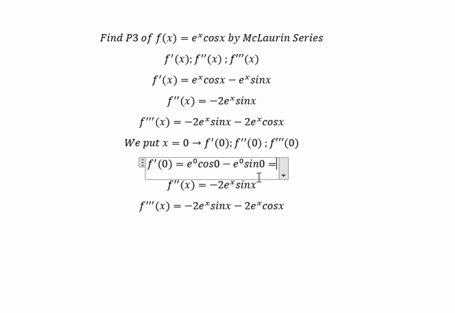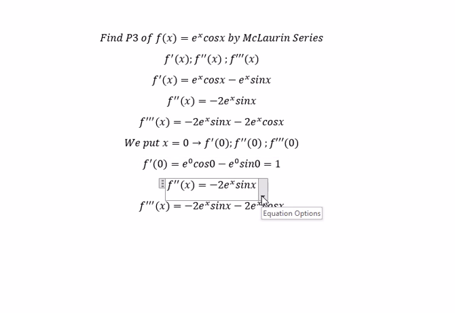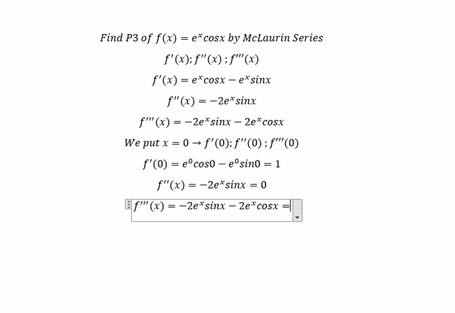This one you get 0, this one you get 1, this one you get 0. Here we put e to the power of x, with x equal to 0. This one you get negative 2.